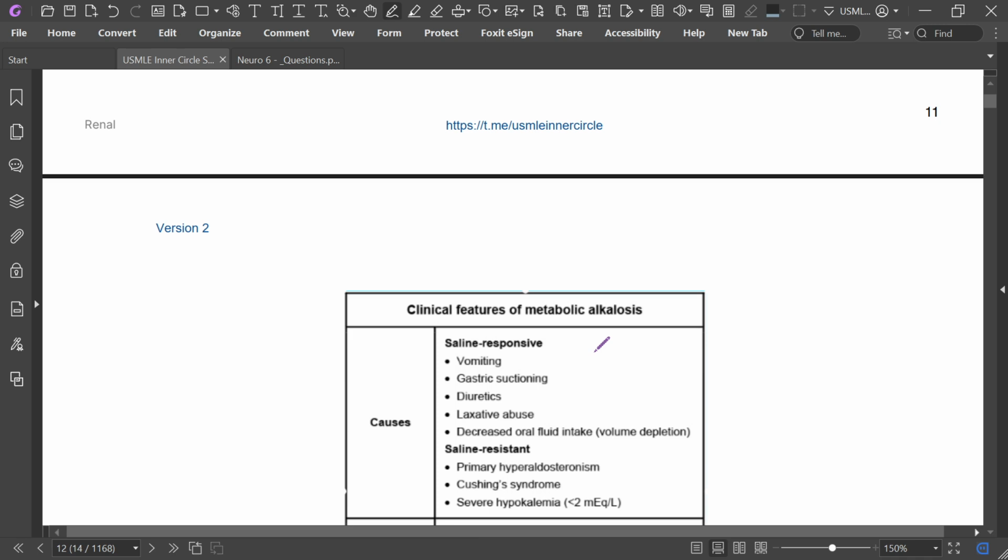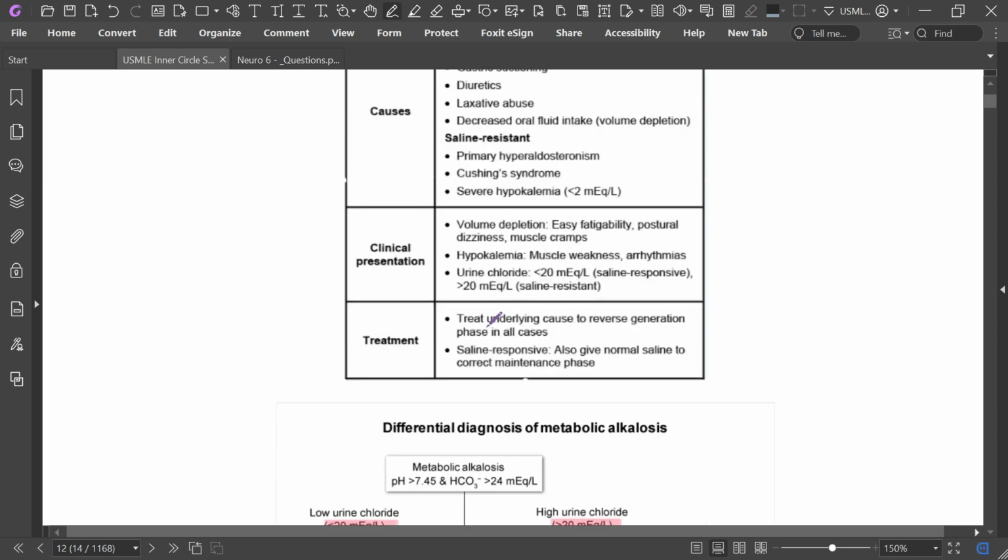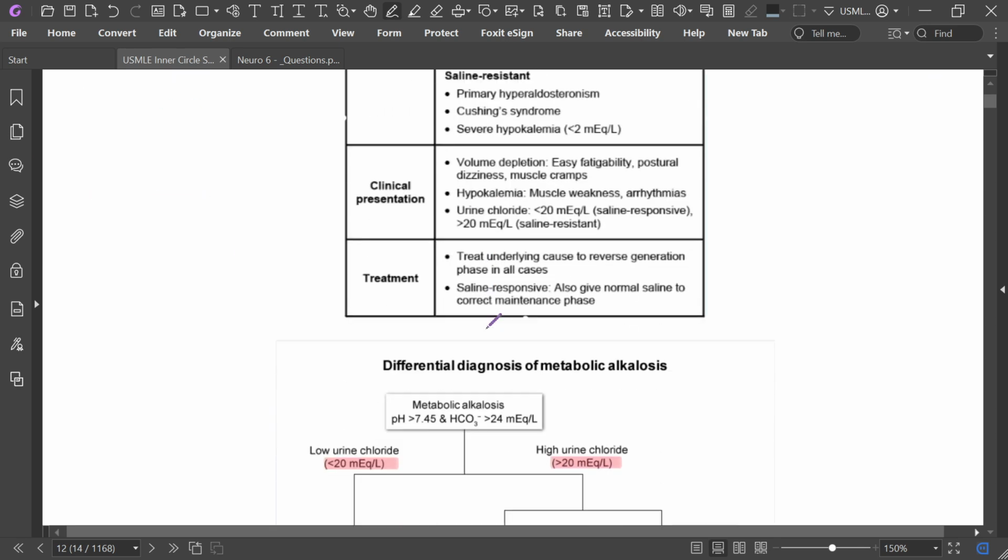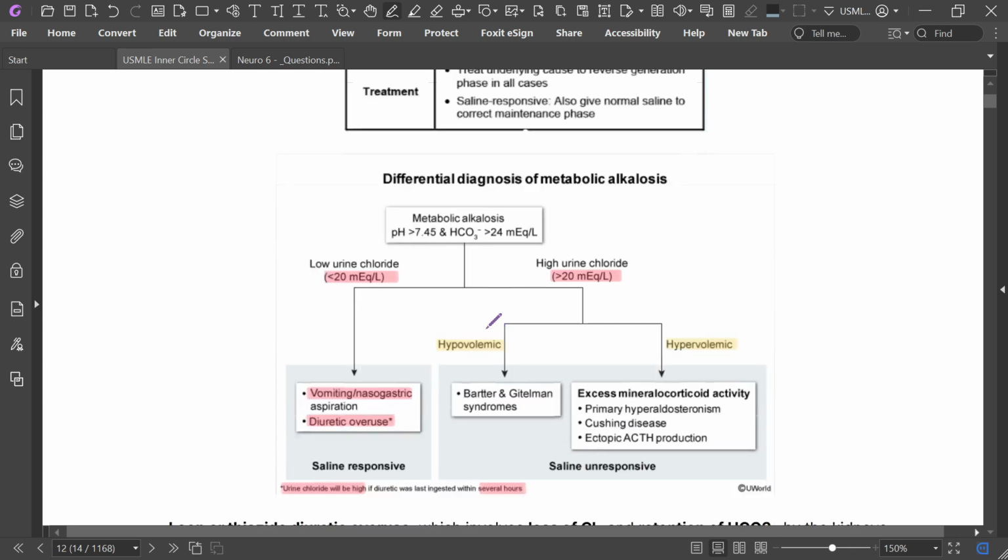Now, metabolic alkalosis. In metabolic alkalosis, there is a very high-yield chart. First, I think we should remember this chart. This is a must-know chart. In metabolic alkalosis, pH is high, PCO2 is high, and bicarbonate is high too.